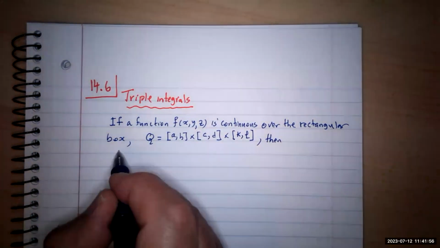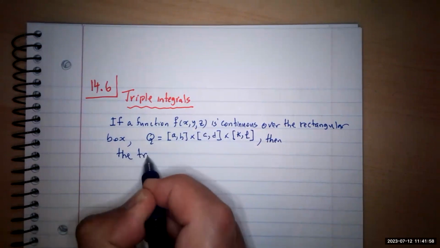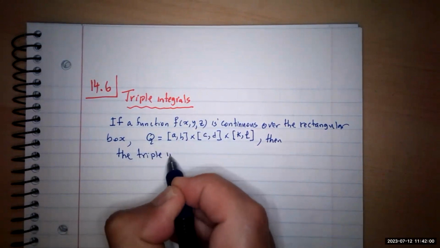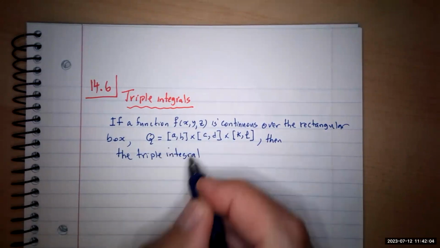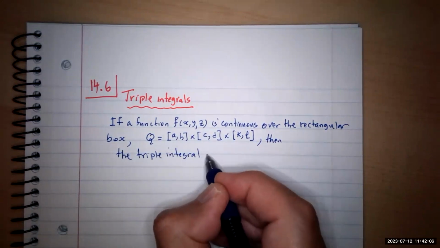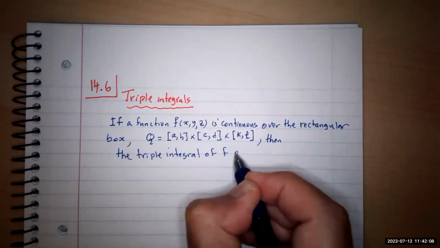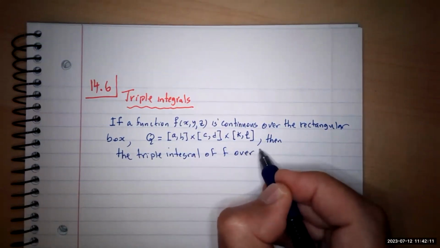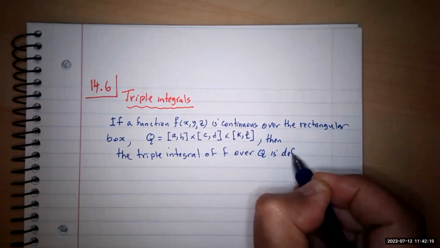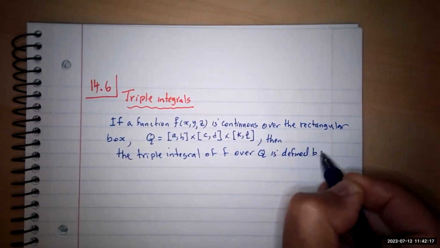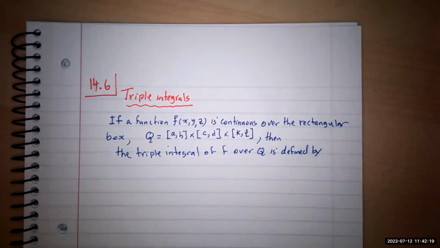Then the triple integral of f over this box Q is defined as we did before.